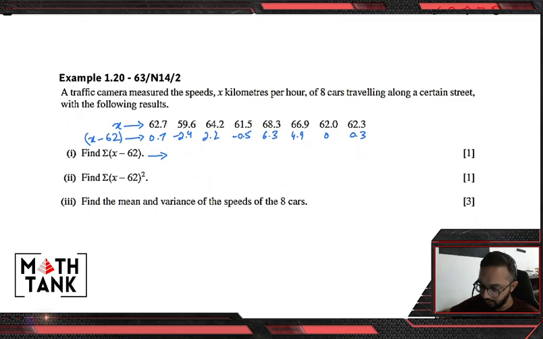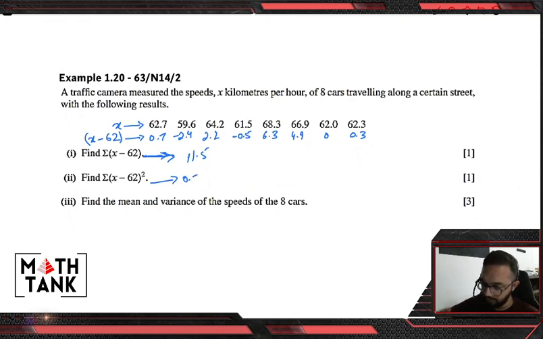What do I need to calculate? I need to calculate the sum of these values in the first part. So I'm going to add up all of them: 0.7 minus 2.4 plus 2.2 minus 0.5 plus 6.3 plus 4.9 plus 0 plus 0.3. That gives me 11.5. Then I have to square all of these values and add them up.